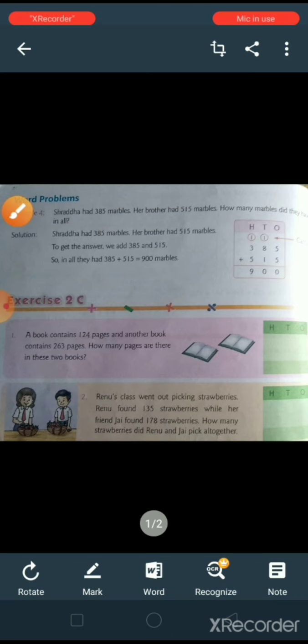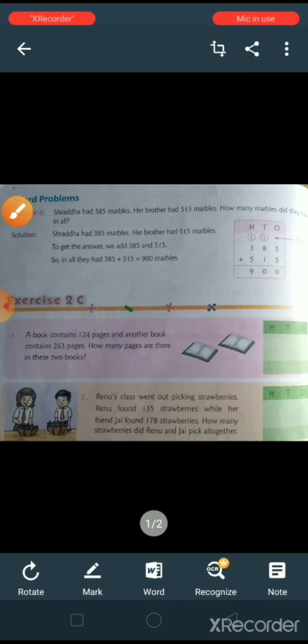Now exercise 2C. In exercise 2C, the questions are all word problems. First question: a book contains 124 pages and another book contains 263 pages. How many pages are there in these two books? We have to find in total how many pages.